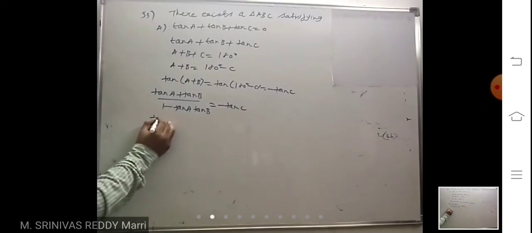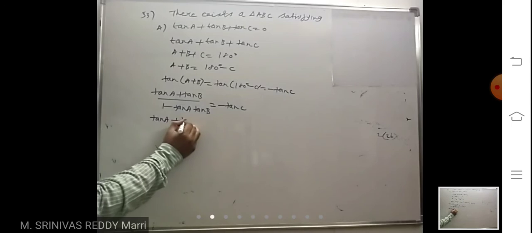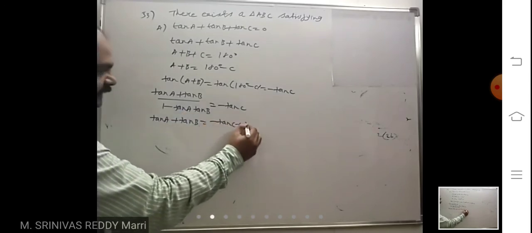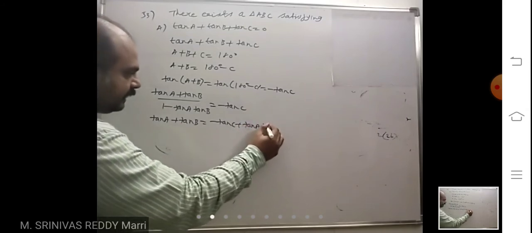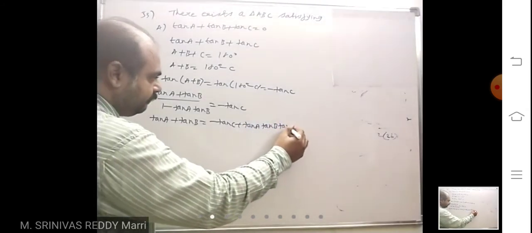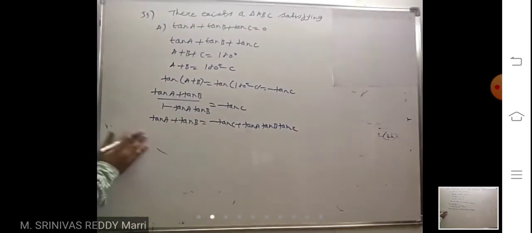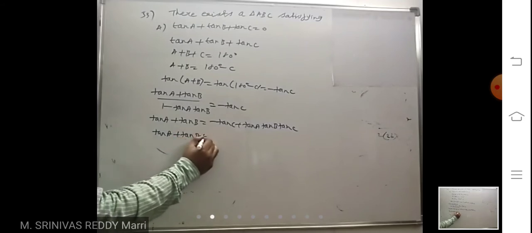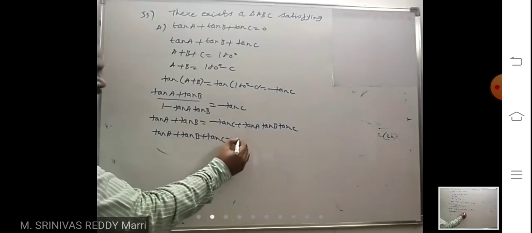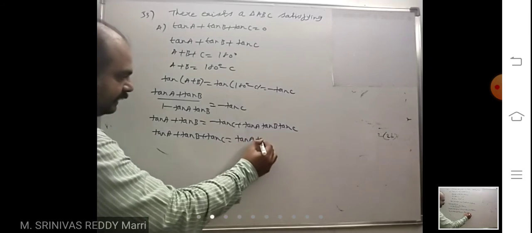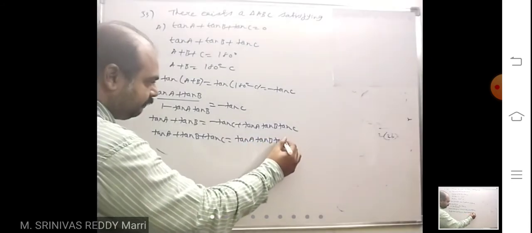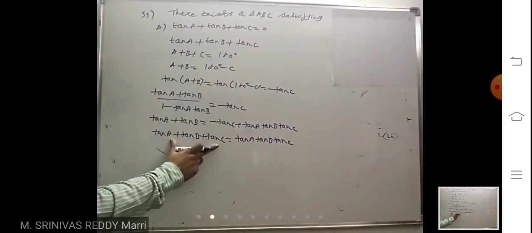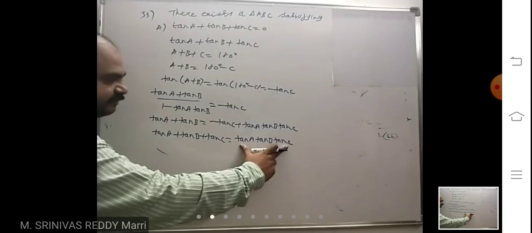Bring this to the other side. Tan A plus tan B equals minus tan C plus tan A tan B tan C. Bring this side, so therefore tan A plus tan B plus tan C is nothing but tan A into tan B into tan C. That means in a triangle ABC, tan A plus tan B plus tan C is equal to this product.